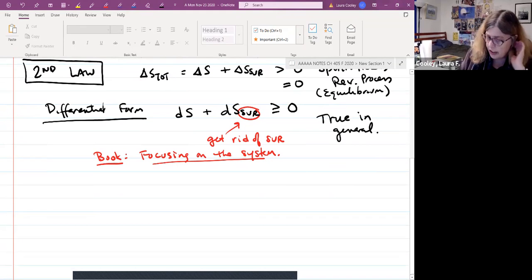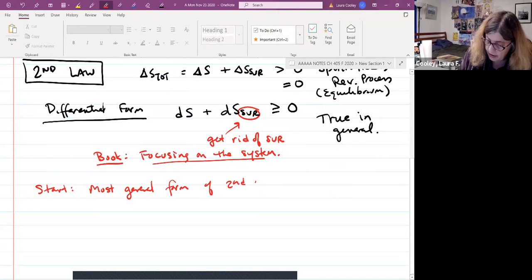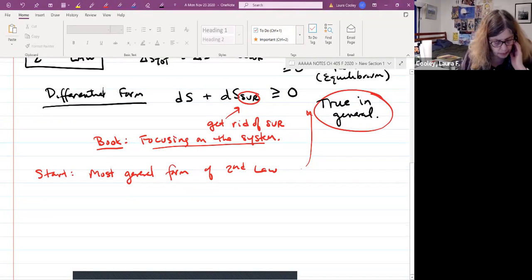So we start with the most general form of the second law, which is what I have written down here. I say it's true in general.